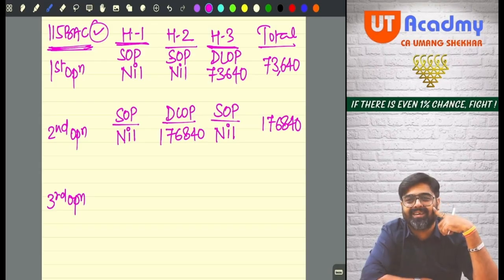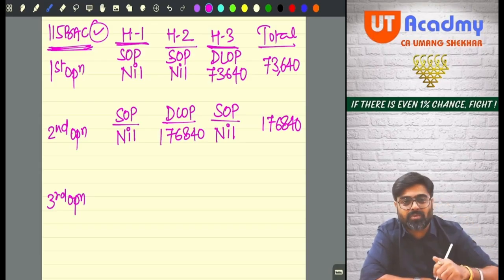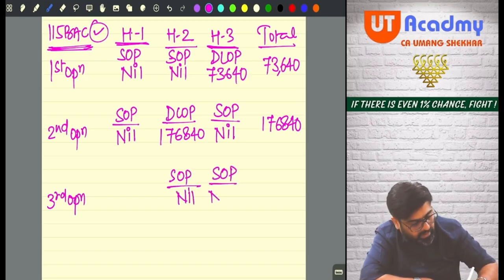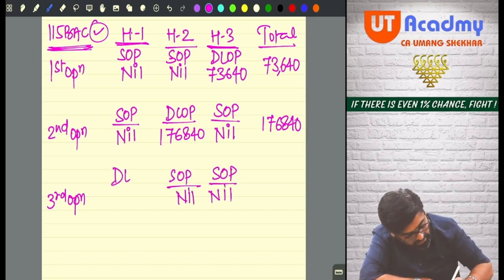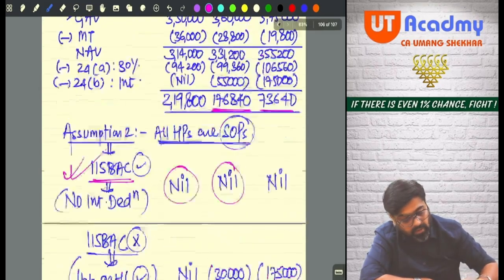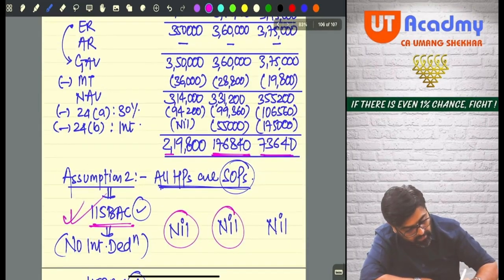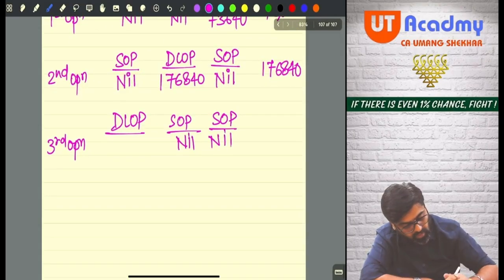Now come to the third option. What third option am I having? I will now treat this property as SOP and this also as SOP, which will give me nil income only. Yes or no? Then I will have to take this property as DLOP. Now check. If house 1 is taken as DLOP, what is the income? 2,19,800.